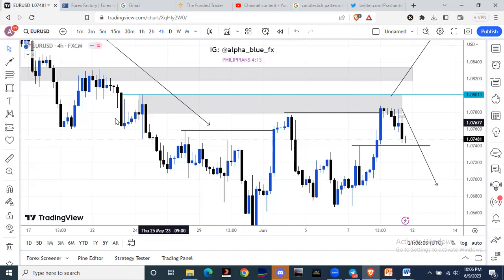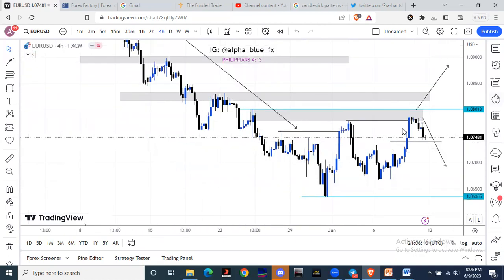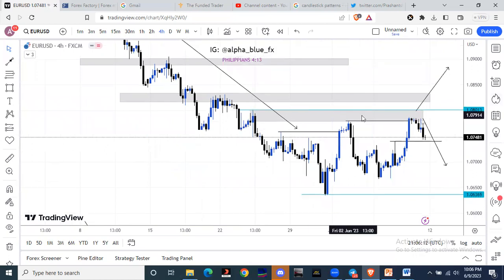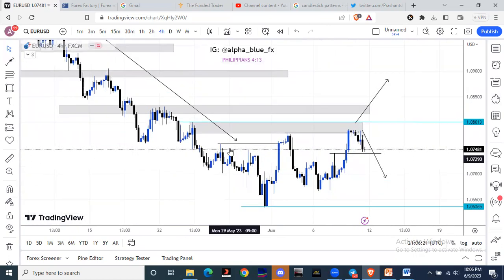Two, price has touched a level right here. Because we're in a downtrend, price has been moving down, and now it has touched a horizontal level, so it should respect it and continue going down. That's my second confluence. So first confluence is it has taken out a high. Second confluence is that it has touched a horizontal level. The third confluence is that we are in a downtrend.